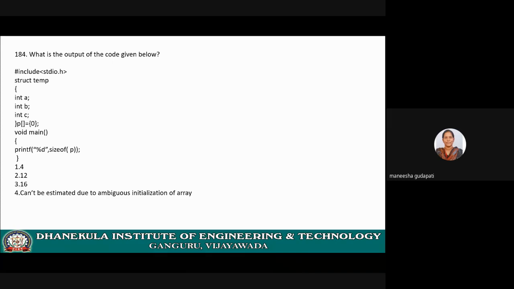Four. Now, Bhargavi, please look at the structure again and try to answer me. What is the size of P? Here I am not telling it as union. Okay, it's okay.